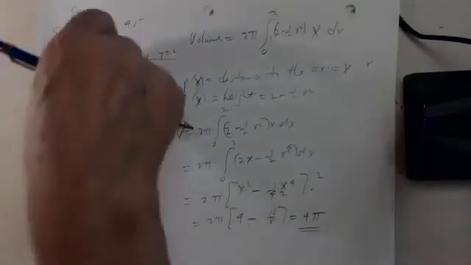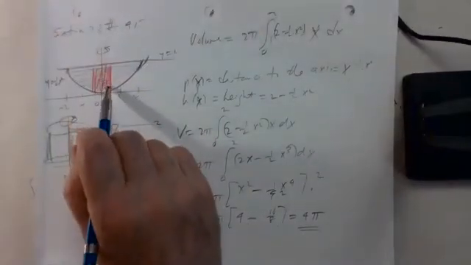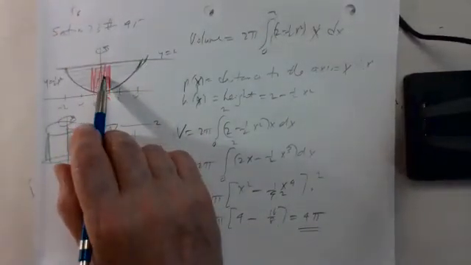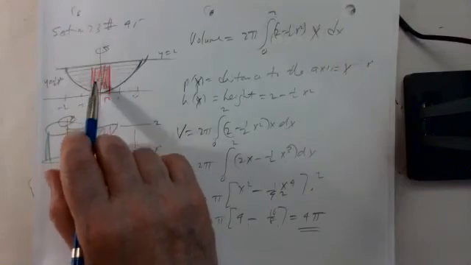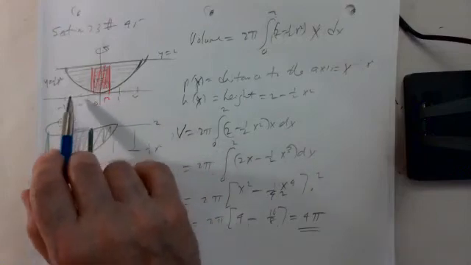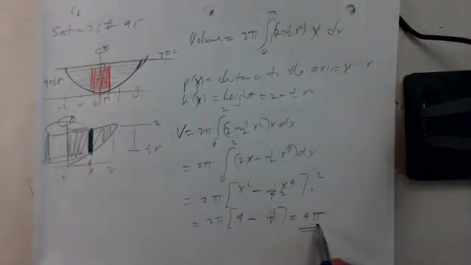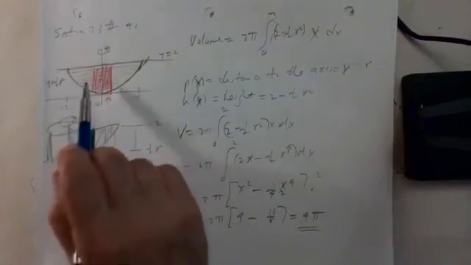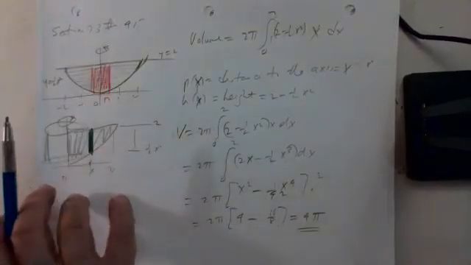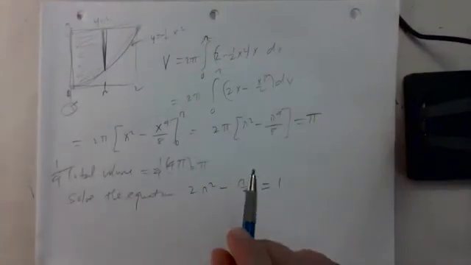But now we want to drill a hole in the center of that three-dimensional object and cut it out. We want to remove a quarter of the total volume. So the whole volume is 4 pi, and we want to cut out a hole that has volume pi. That's what it means to remove a quarter of the volume.